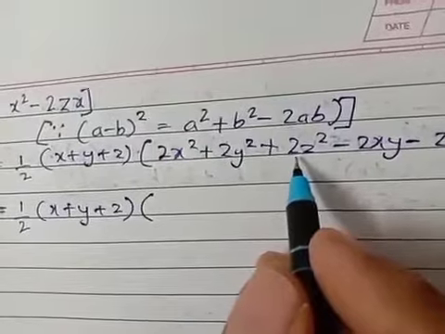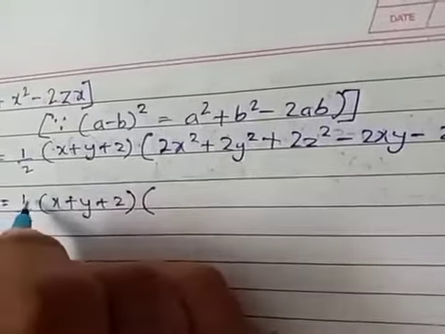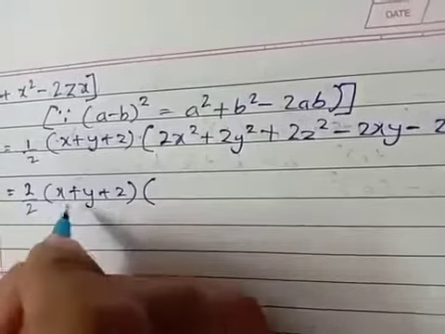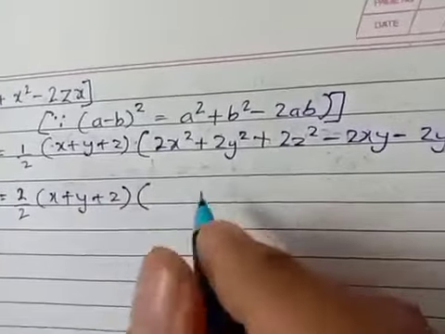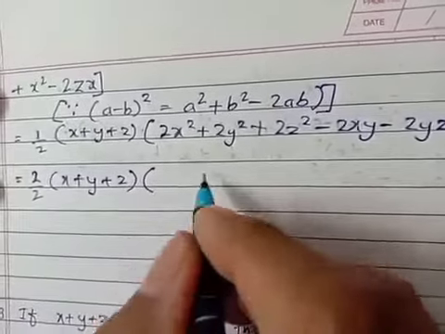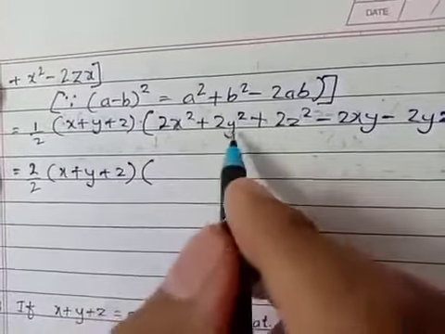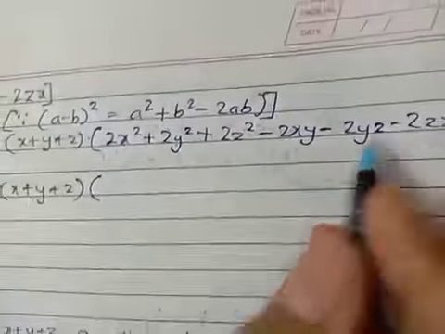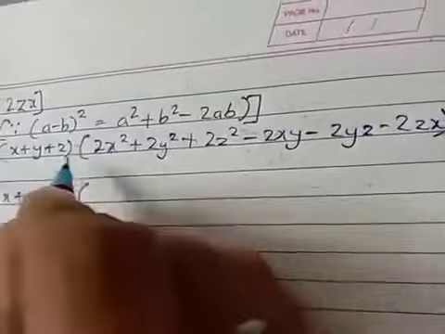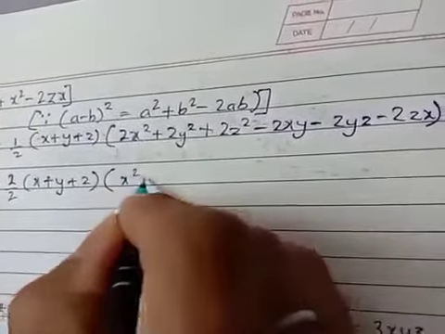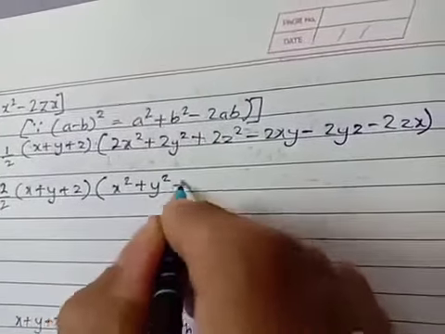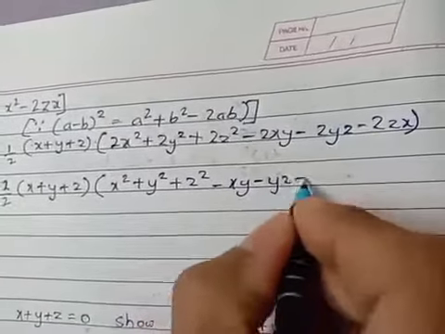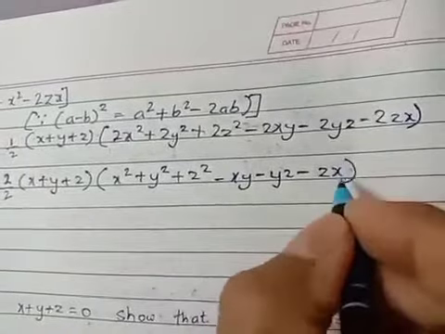2 is common, so we'll take the 2 out. This will be x square plus y square plus z square minus xy minus yz minus zx, just the 2's we have removed outside since it is common.